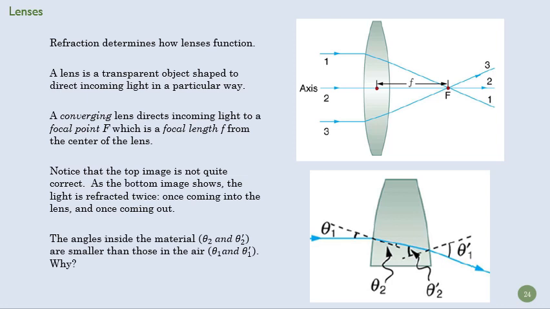And in both cases, you're going to have a coefficient of refraction on the inside that's larger than in the air, right? So that angle here, this theta, is going to be smaller because it's going to be closer to perpendicular here. And this angle is going to be smaller than this one. And it causes that ray to move towards the focal point.